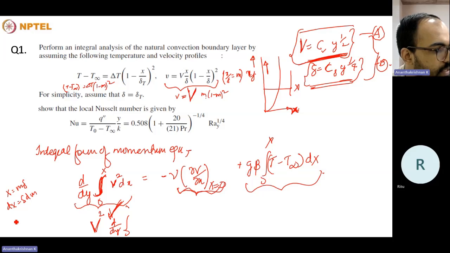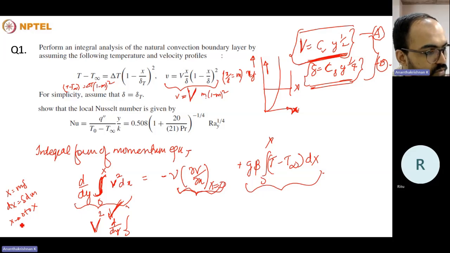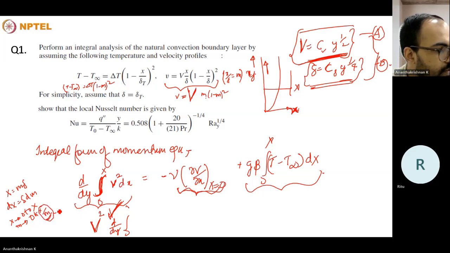And when x varies from 0 to x, the value of m varies from 0 to x by delta.